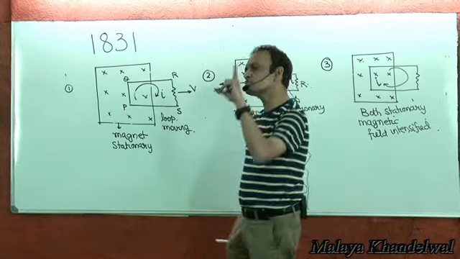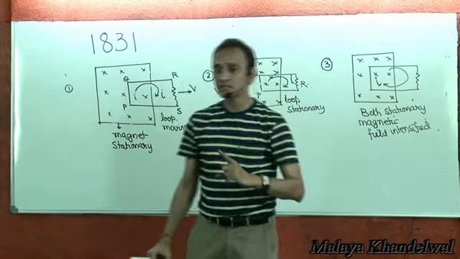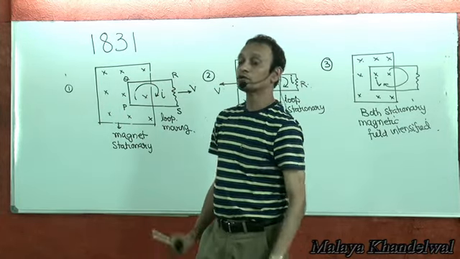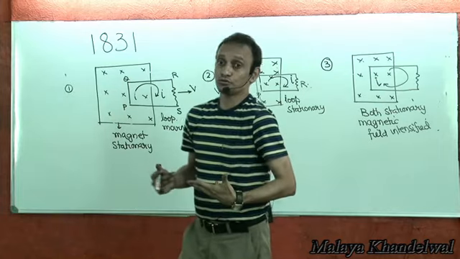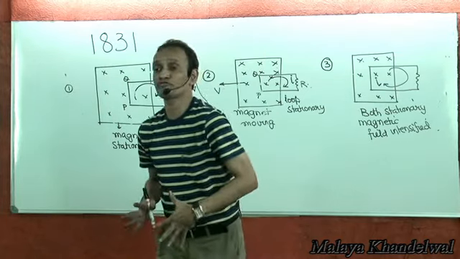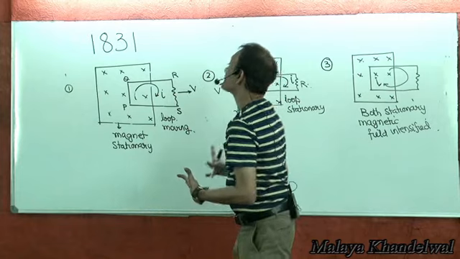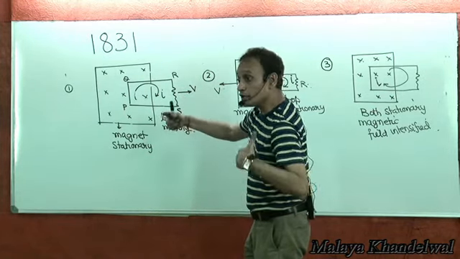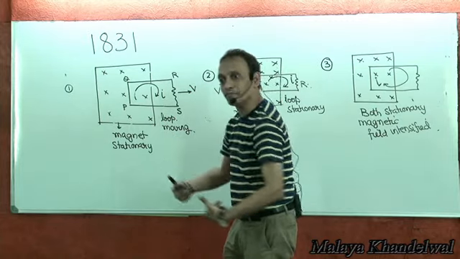Much later, when Einstein came up with his theory of relativity, it got very well understood. These Faraday's laws got very well understood in the sense that it was not the velocity of the loop or the velocity of the magnet. It was the relative velocity between them which mattered.